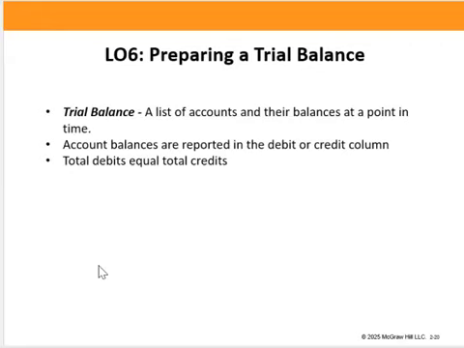The way we create the trial balance is by using our chart of accounts. We use that numbering system to put all of the accounts in order. So if we've got 101, 102, then our next account might be 201, 205.